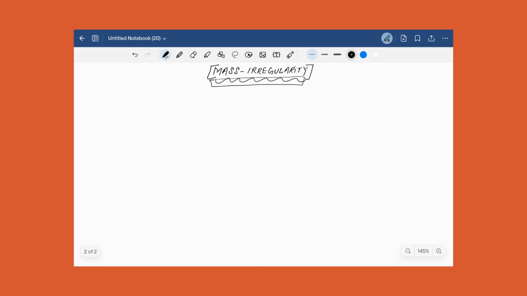Mass irregularity generally comes under soft story. So let us discuss what mass irregularity is, and if your structure has mass irregularity, what the provision is, what the code says about that, and what you have to consider while analyzing. So let us see what mass irregularity is.